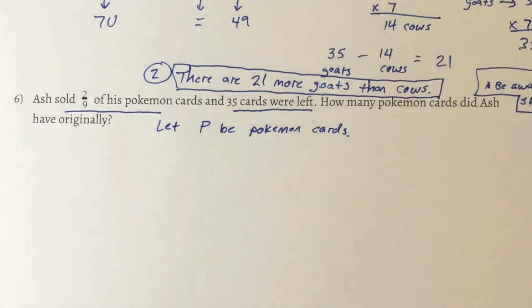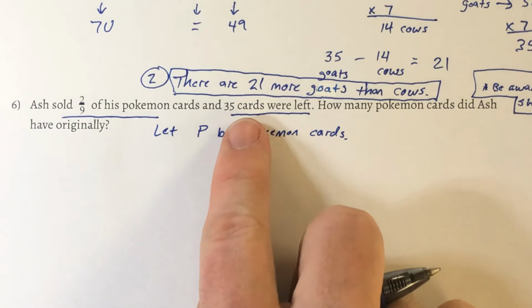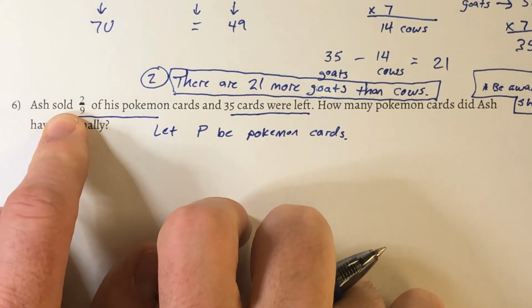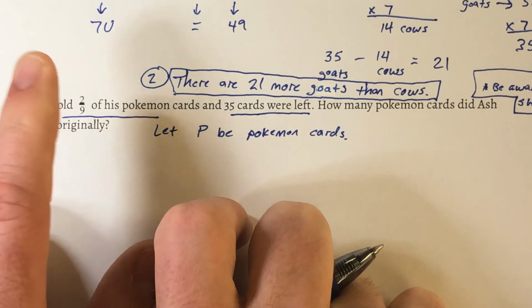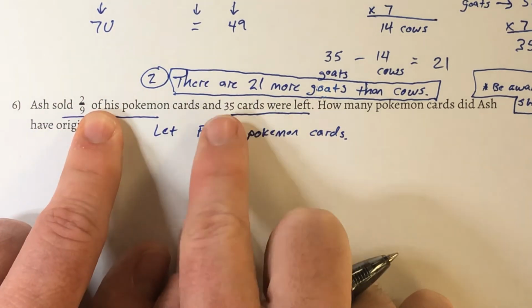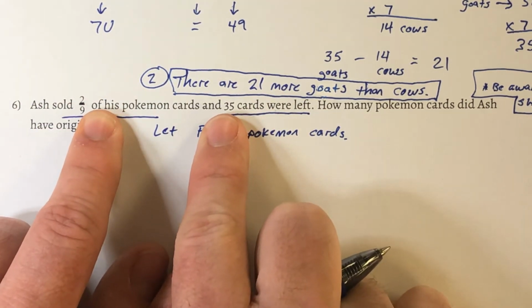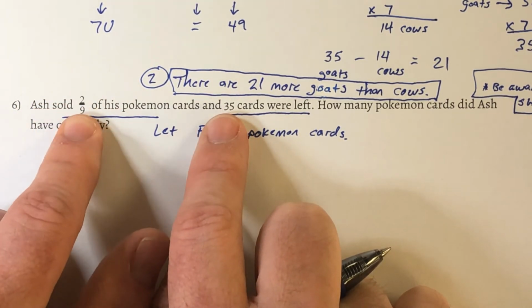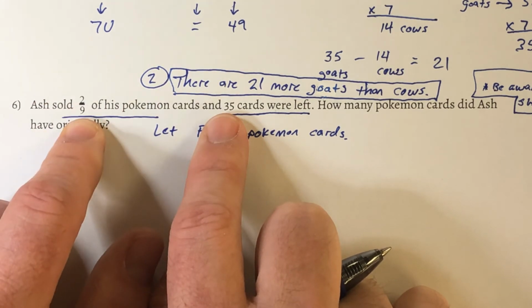All right. Now, this question is a slight trick. It has the word sold. So I might be thinking, oh, I'm going to subtract 2/9 and it's going to equal 35. No. I need to realize that if he sold 2/9 of his Pokemon cards, that means he's got 7/9 of his cards left.